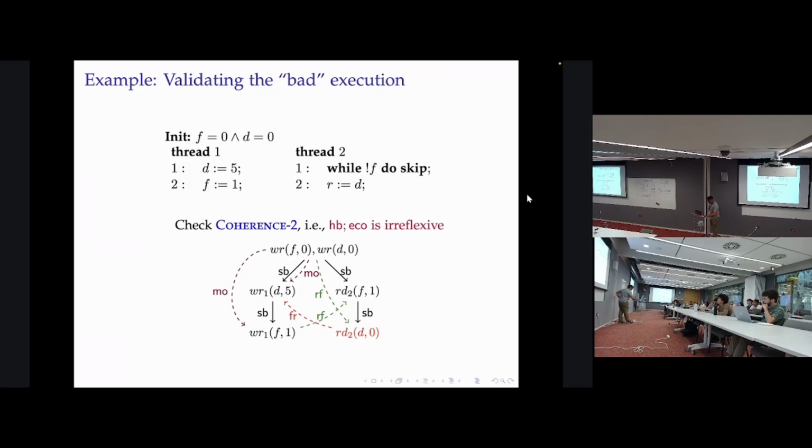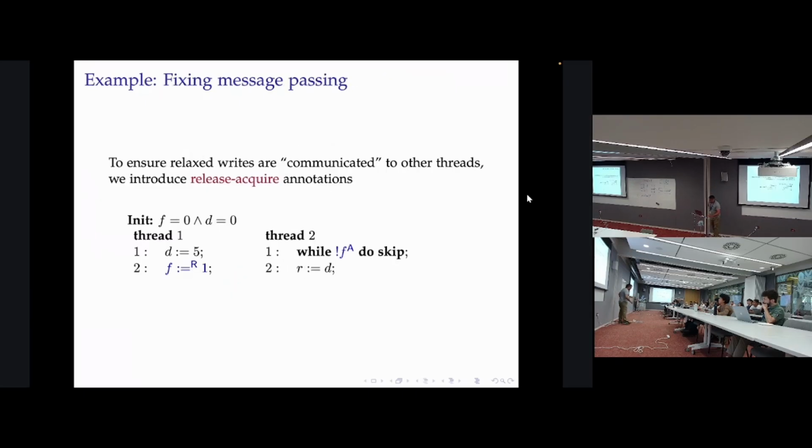All right, now we get to release-acquire annotations. I jumped the gun before and showed you what they were, but I'm now telling you what they are. This is something you can add to operations in the C model. You can tag your reads and writes with release and acquire.